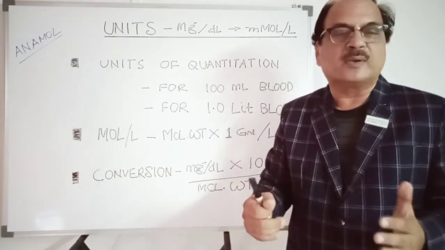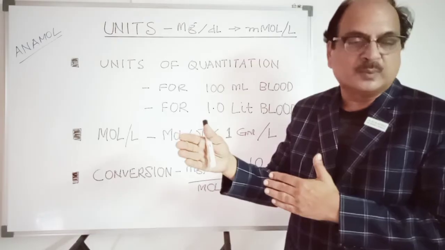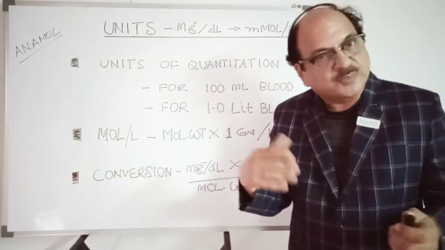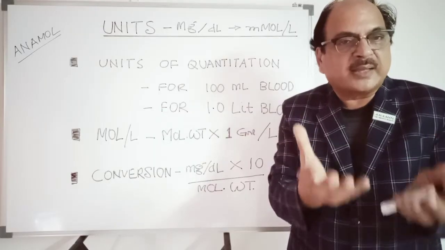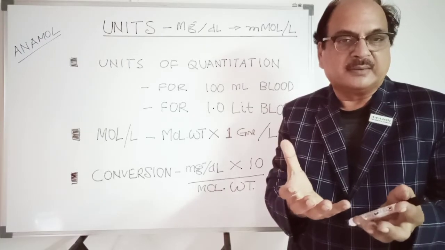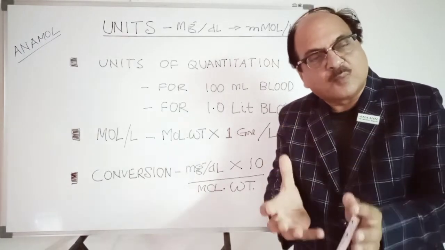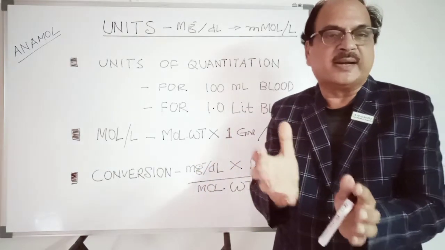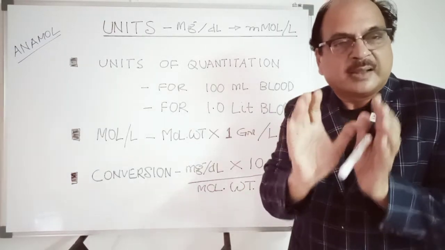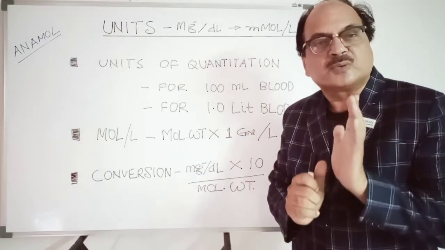For a simple calculation, you take it as 180. What is molecular weight? The whole molecule of glucose weighs 180 grams if you take it as a 1 mole per liter solution.